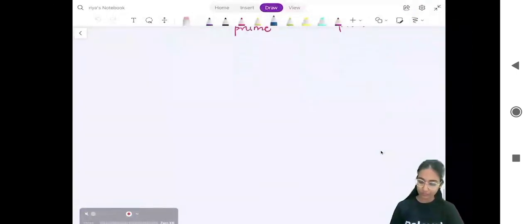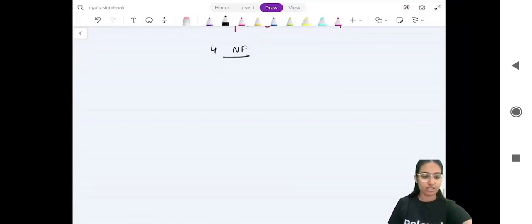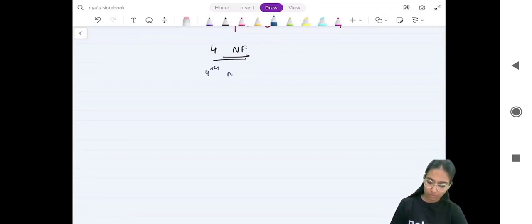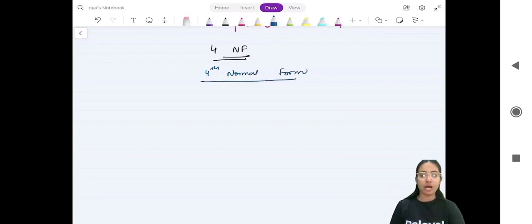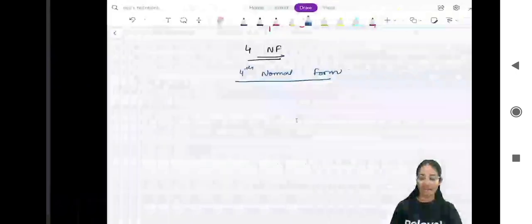Now we are talking about 4NF, the fourth normal form. The rule for fourth normal form is that it should satisfy two conditions. First, it should be in Boyce-Codd normal form, and the table should not have multi-valued dependency.